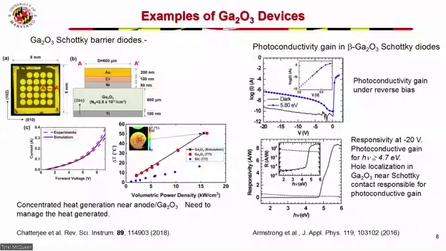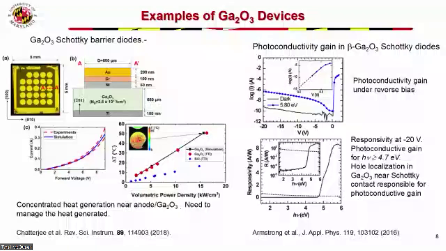For gallium oxide, this is a relatively new material as far as making devices or wide bandgap semiconductor devices with it, but there are already some investigations on using gallium oxide for Schottky barrier diodes or for photoconductivity.